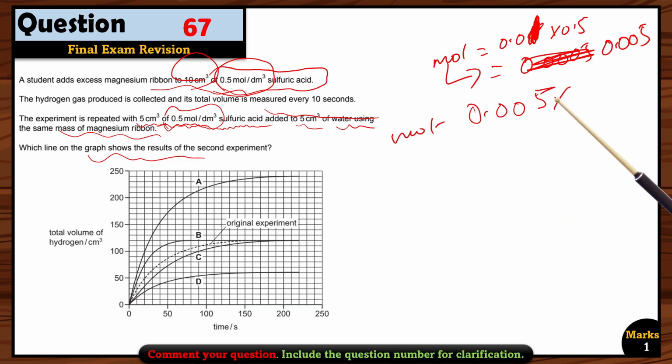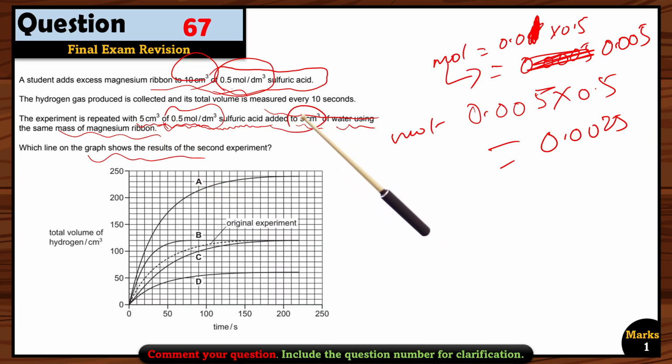Then when you multiply with 0.5, what are you going to get? 0.005 into 0.5, you are going to get 0.0025 moles.